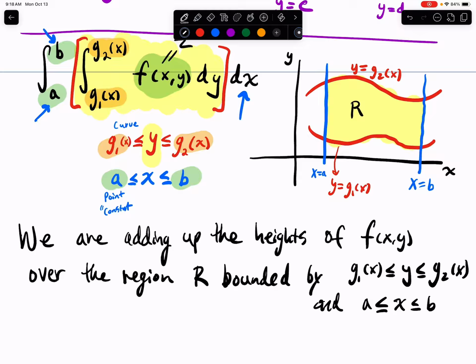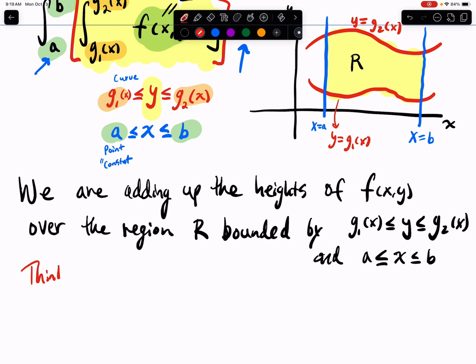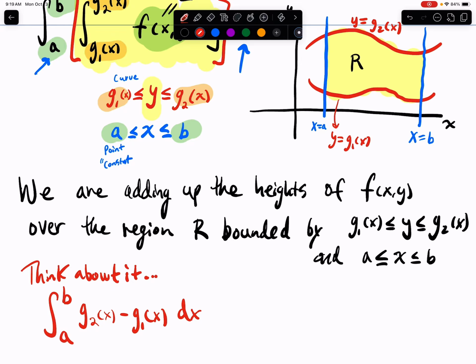All right? So let's just think about it for a second. What's going on here? Okay? The integral from a to b of g2 of x minus g1 of x dx. Remember when we, some of y'all remember when we did this in Cal 2, okay?